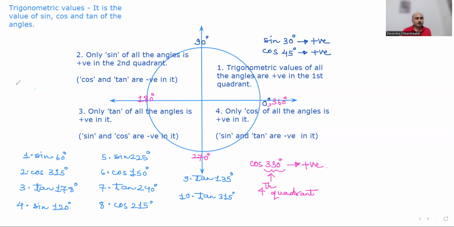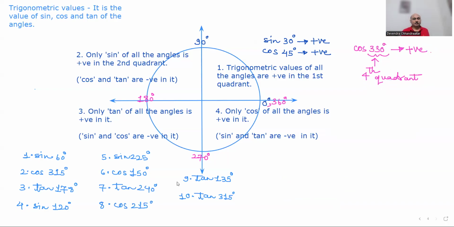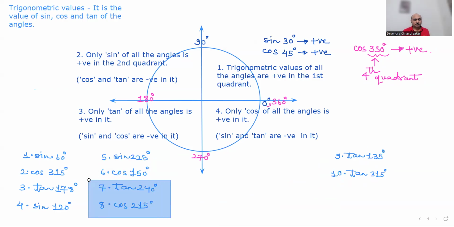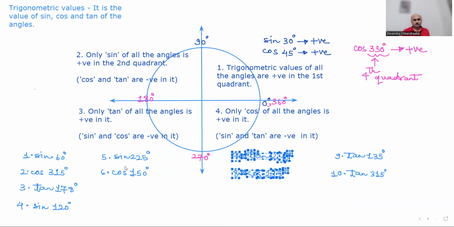So just mention positive or negative in front of these values in the comment window and send me your answers. ठीक है? These are 10 questions which you need to answer. करेंगे सब लोग फटाफट?